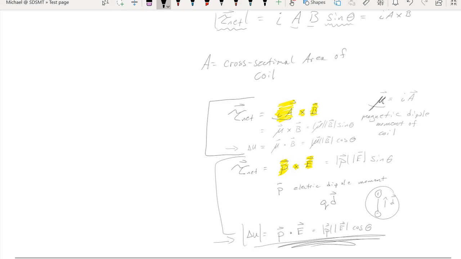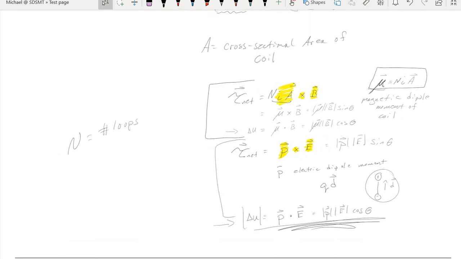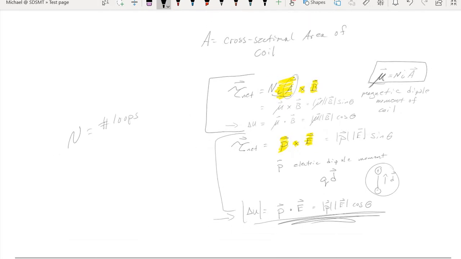And all that would happen is that we would see the torque increase by some integer value of n. And n would equal the number of loops that was present inside of our coil. And so finally, our dipole moment would need to be defined as the number of loops n times the current times the cross-sectional area.